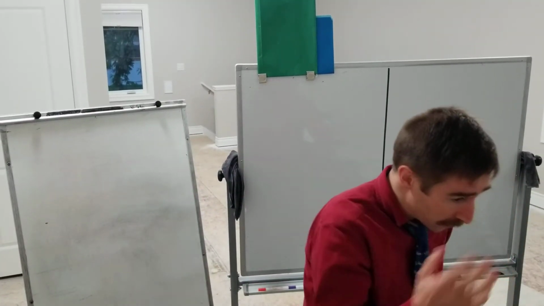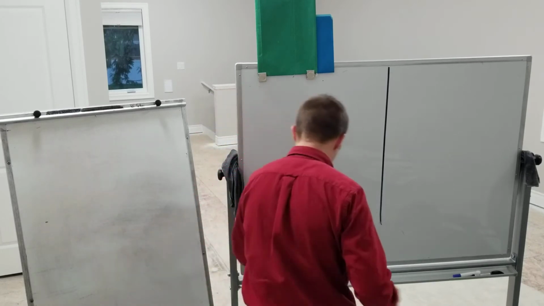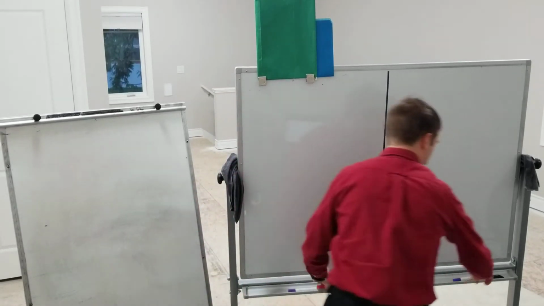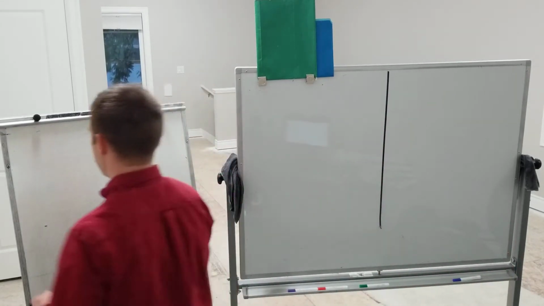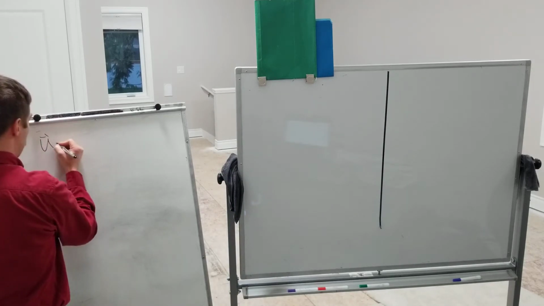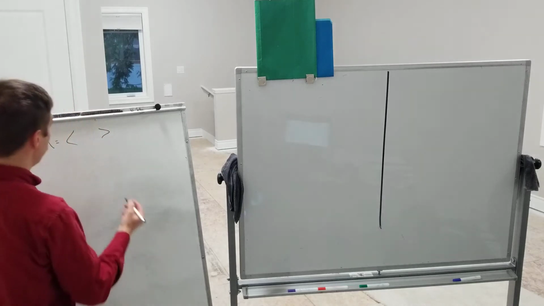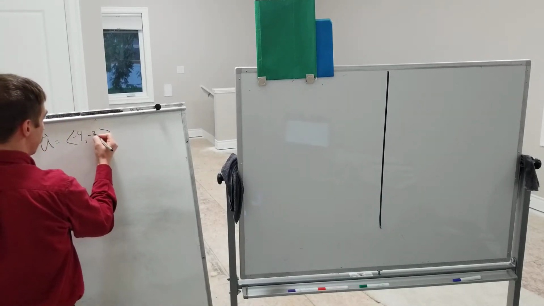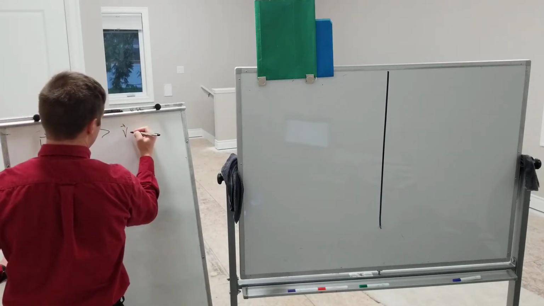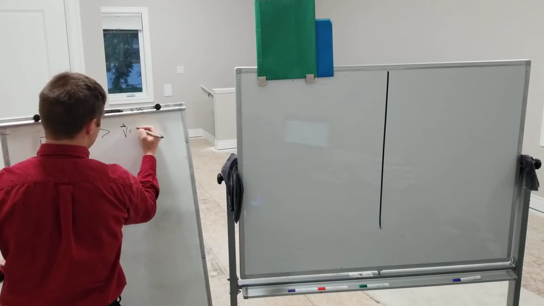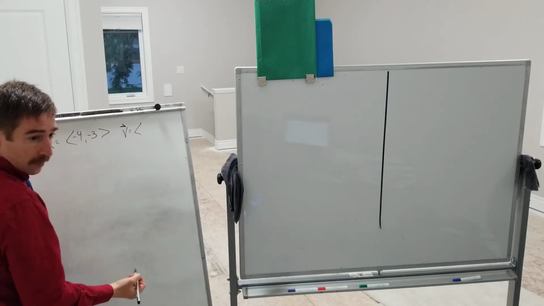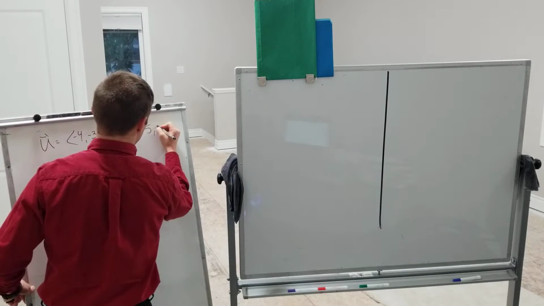Okay, so we're going to start off with this problem where we have two vectors. We've got vector u, the vector u's component form is -4, -3, and vector v has component form 5, 7.